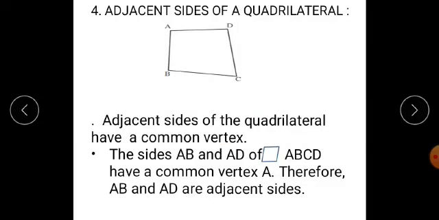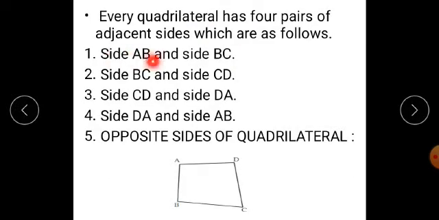Students, let's move again back to the figure. First one is side AB and side BC.